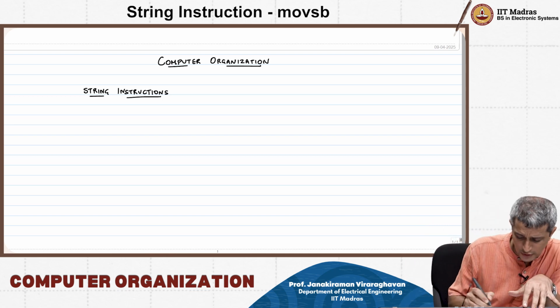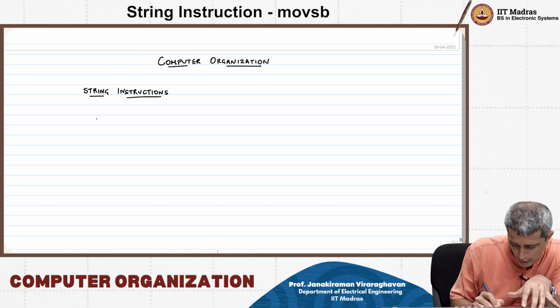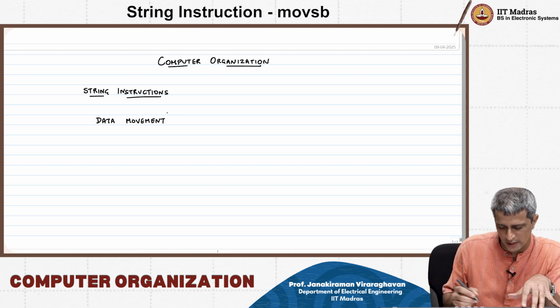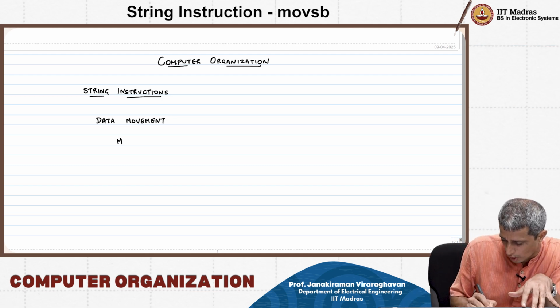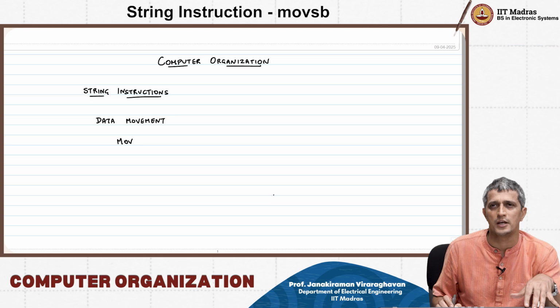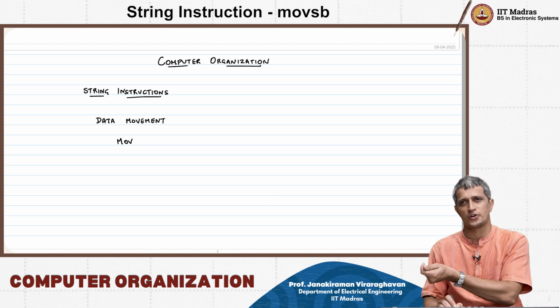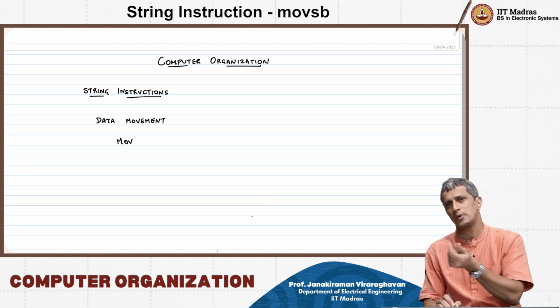Okay, so the first thing we are going to look at is data movement. The instruction for data movement, if you remember, was just a MOV, and then we gave a destination register comma source register, or a destination location comma source location.